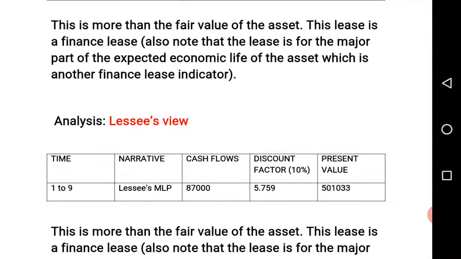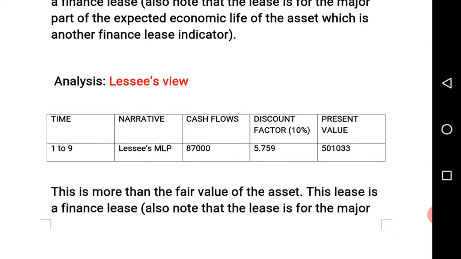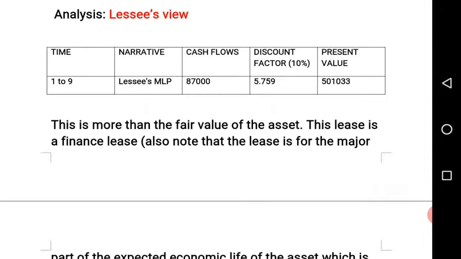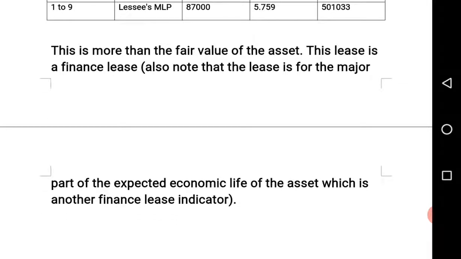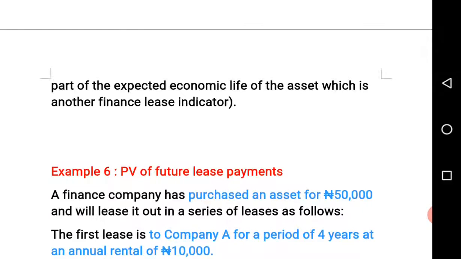So we have the same table here, but this time it is his own minimum lease payment, which is the same thing since the asset was only leased to him. Same, this is more than the fair value of the asset. This lease is a finance lease. Also note that the lease is for a major part of the expected economic life of the asset, which is another finance lease indicator.